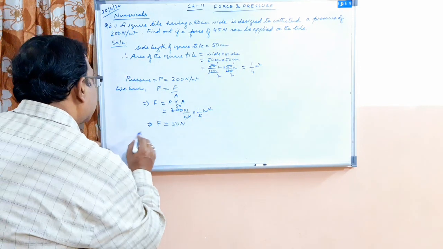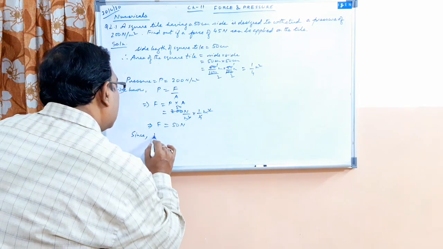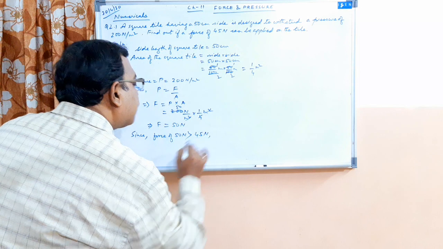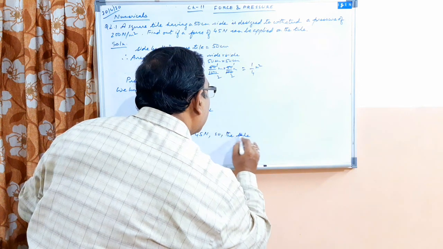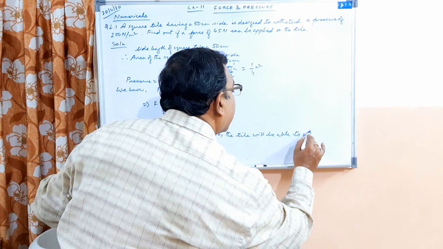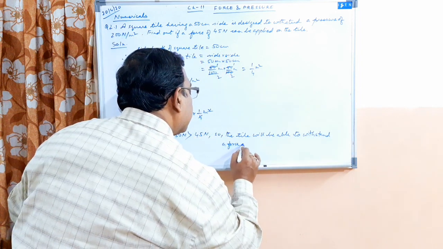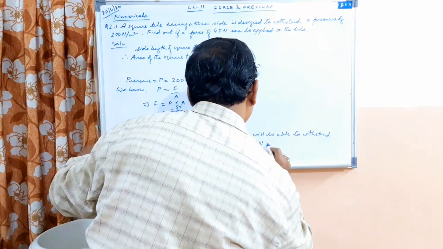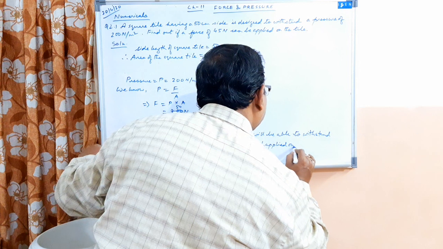So you write down, hence, since force of 50 Newton is greater than 45 Newton, so the tile will be able to withstand a force of 45 Newton applied on it.